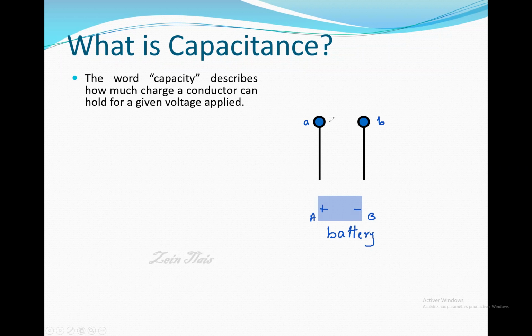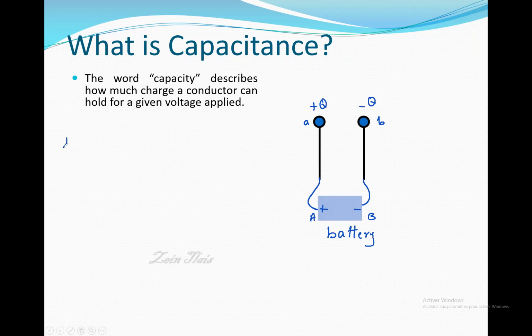Initially we don't have Q. We can connect the left side of the battery, the positive side, to the left conducting object, and the right one to the negative side. This side will be charged with plus Q, and this one minus Q. We continue to the final state.